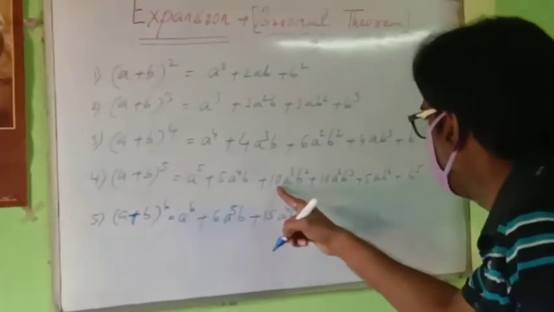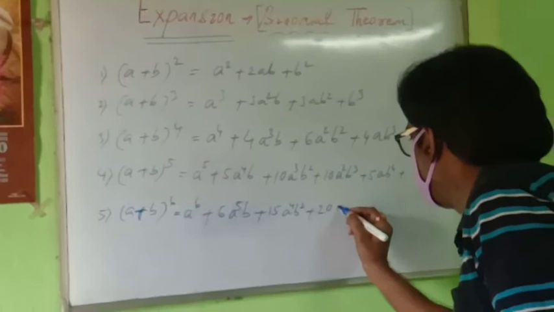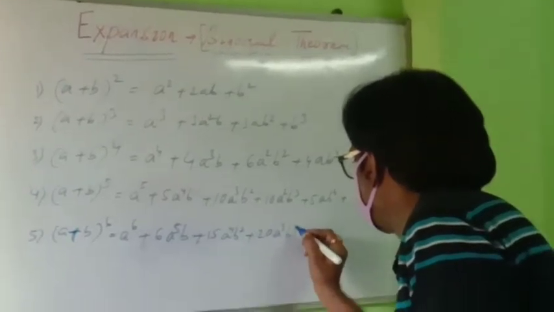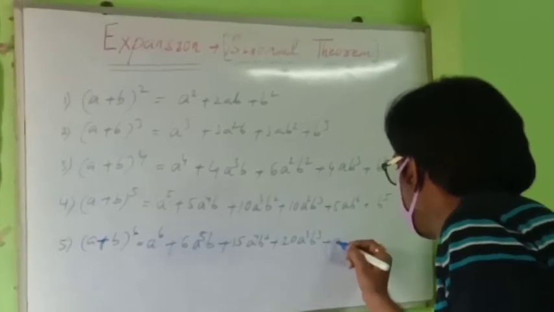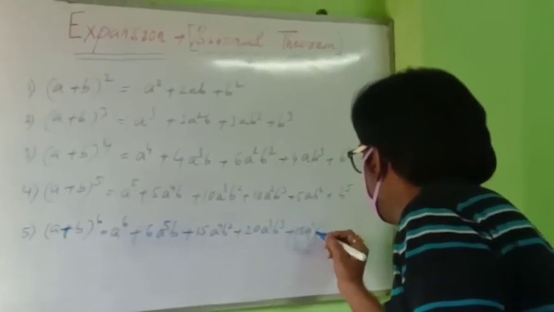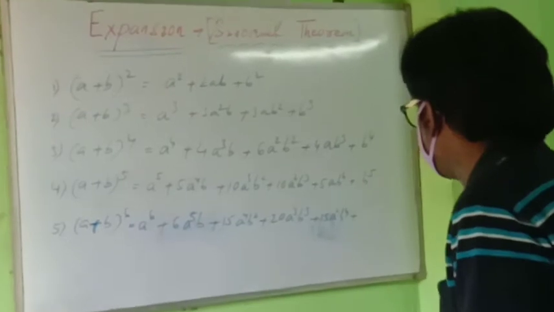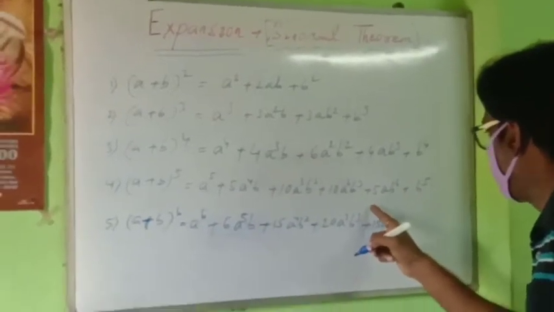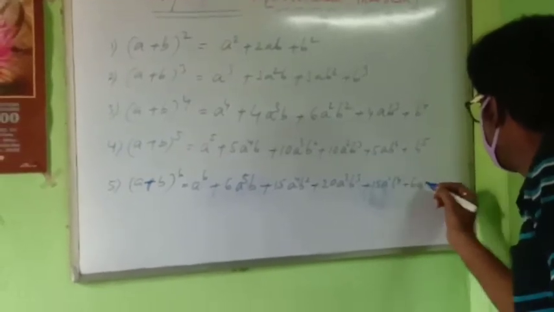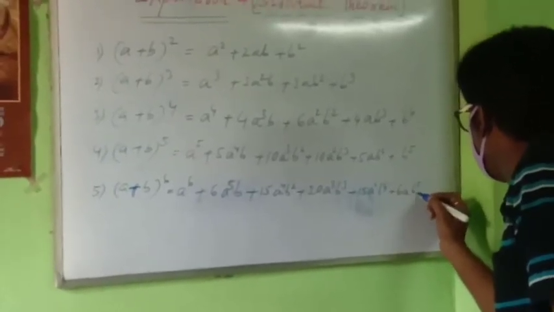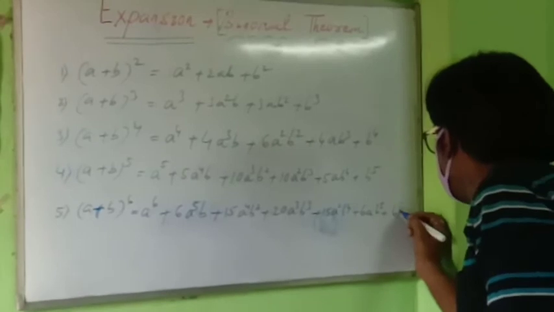Next 10 plus 10, 20 a cube b cube. Next 10 plus 5, 15 a square b4. Next 5 plus 1, 6 a b5. Last it will be b to the power 6.